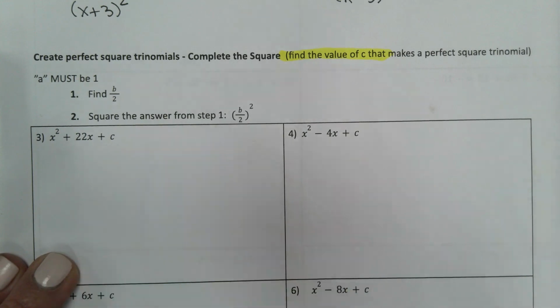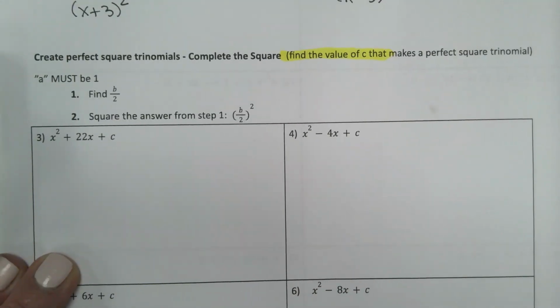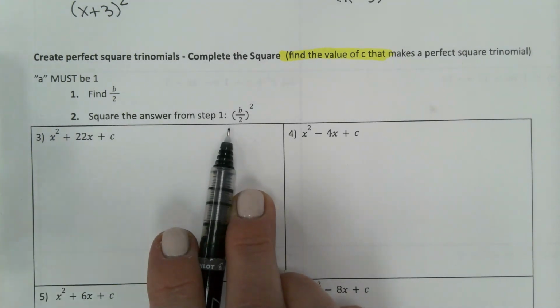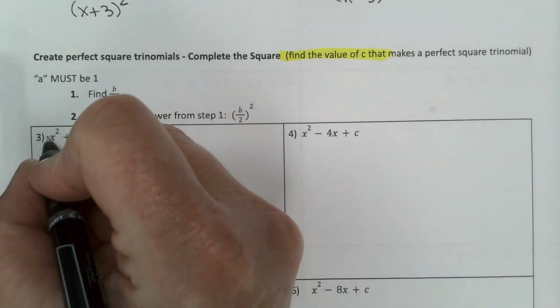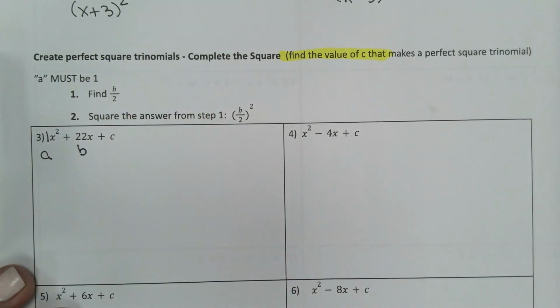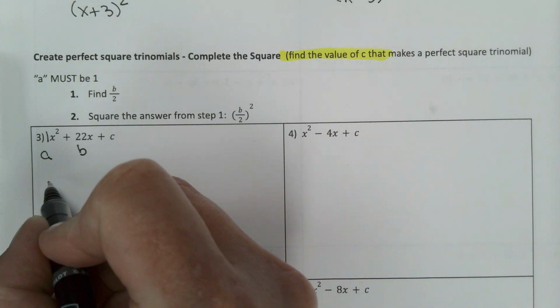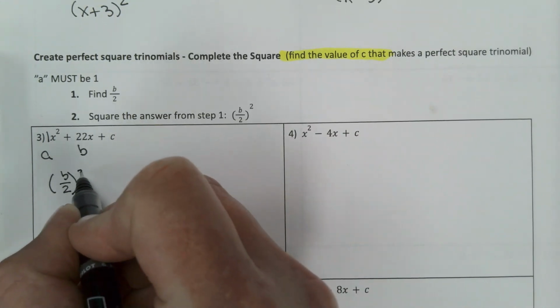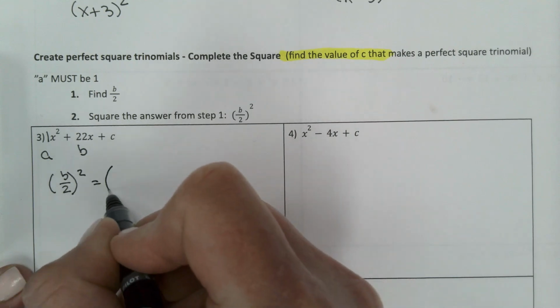It says you have to take B divided by 2, and then we're going to square it. So there's my A term, there's my B term. It says to take B divided by 2 and square it.